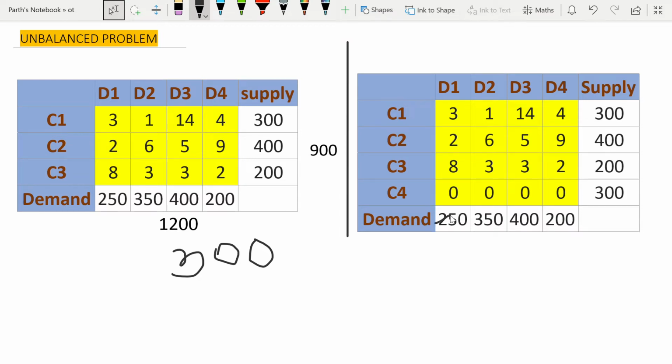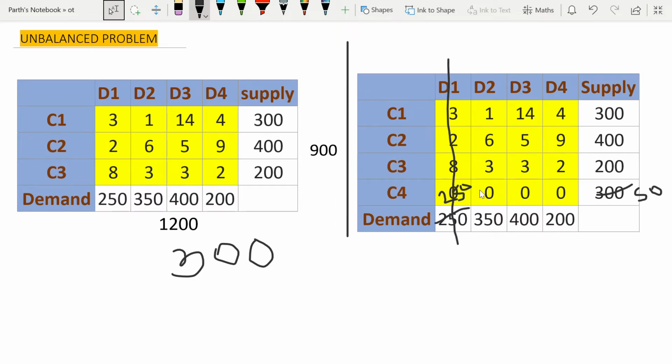So demand is exhausted completely and here it is 50, and we'll allocate 250 here. As the demand 1 is exhausted, destination 1 is exhausted, so we'll cancel out the first column.